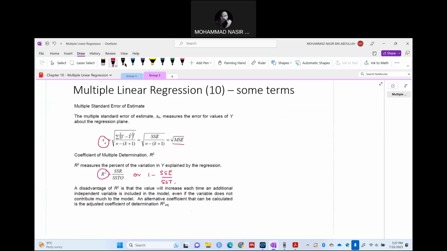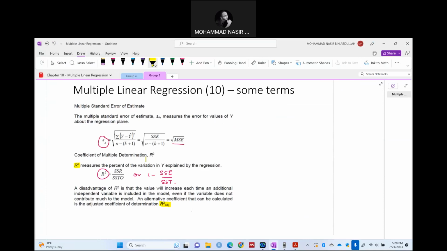In multiple linear regression, we have two R squares. The first R square is our original one. Another one is adjusted R square. There is no difference between R square and adjusted R square in terms of interpretation, right? Let's say we have R square equal to 93%.